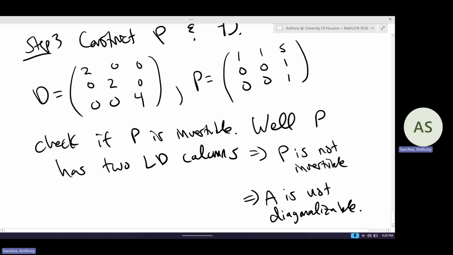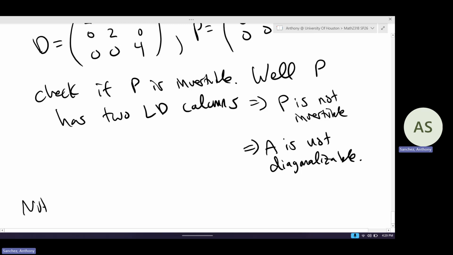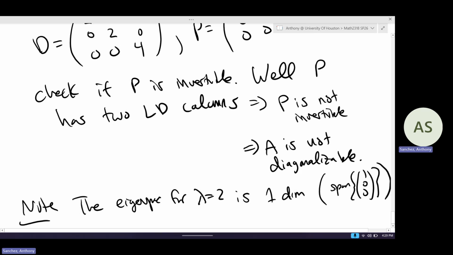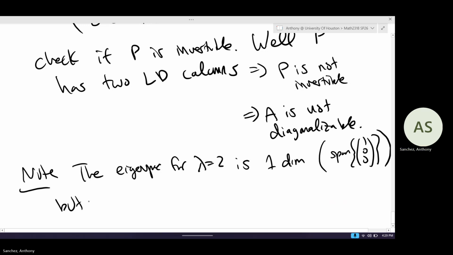All right. So the issue with this one, maybe I can write it down here, is: note the eigenspace for lambda equal to 2 is one-dimensional. It was only one-dimensional, right? It was spanned by (1, 0, 0). But lambda equal to 2 had 2 as the multiplicity.